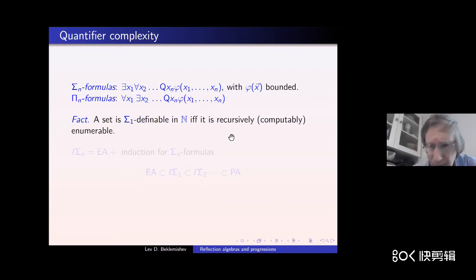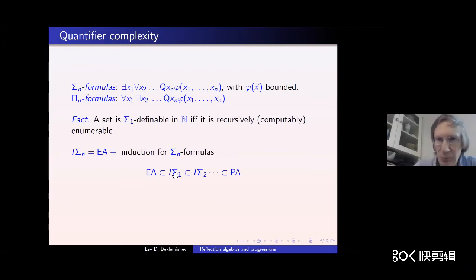One can restrict the induction schema in PA to those classes sigma n, and then one obtains the hierarchy of extensions of elementary arithmetic, usually denoted I sigma n. So I sigma n is elementary arithmetic plus the induction schema for just sigma n formulas. If one is thinking about induction for enumerable predicates, then this system is called I sigma 1, perhaps the most popular example.